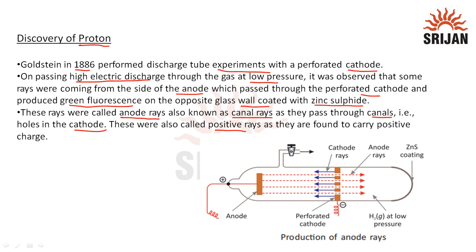So we can say that the discovery of proton justifies that an atom is electrically neutral. Here in the diagram we can see the production of anode rays, and this is the cathode. Here the anode rays are coming, and this is the ZnS coating, and this is a perforated cathode.